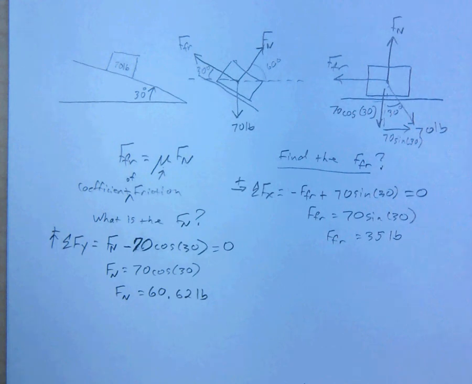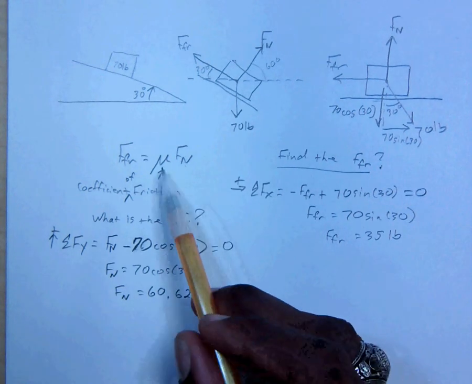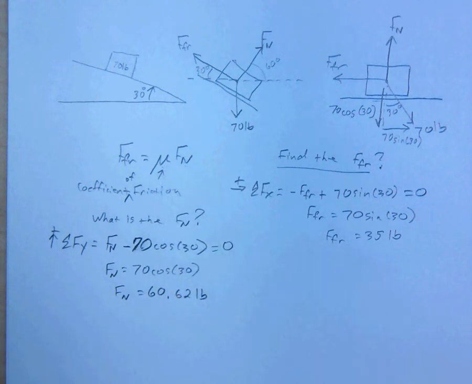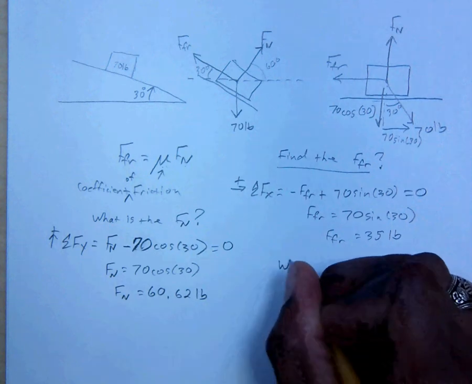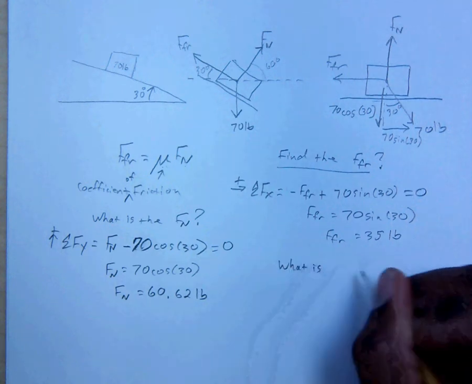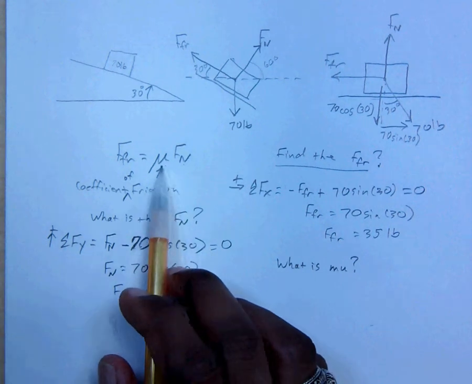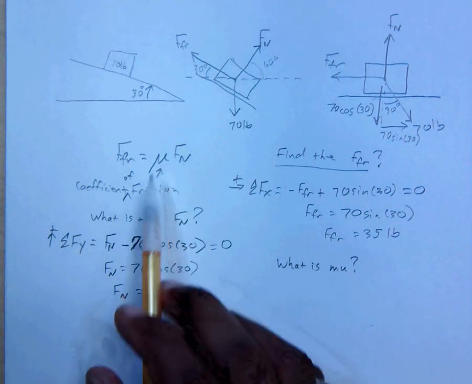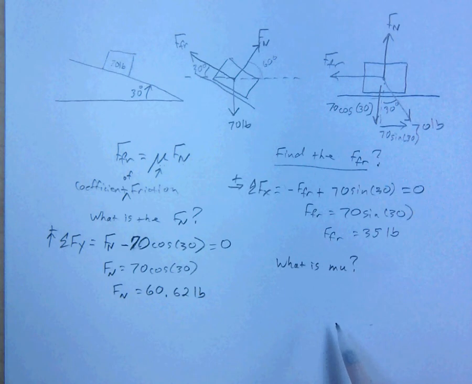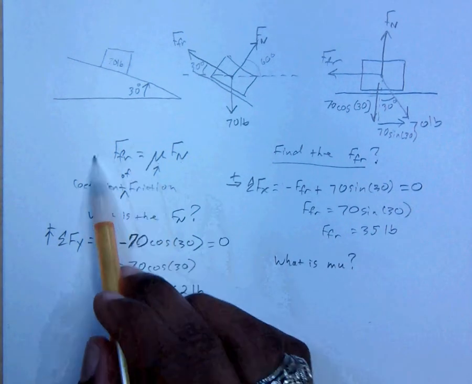Okay. Now, what if I'm also interested in finding out the coefficient of friction? Okay. What is mu? So mu is this Greek letter, the Greek letter mu, which represents, in our case, the coefficient of friction. And so what we're going to do is start out with this equation.